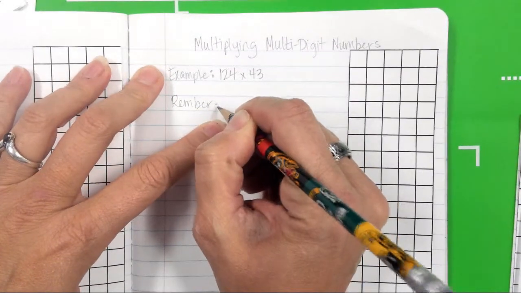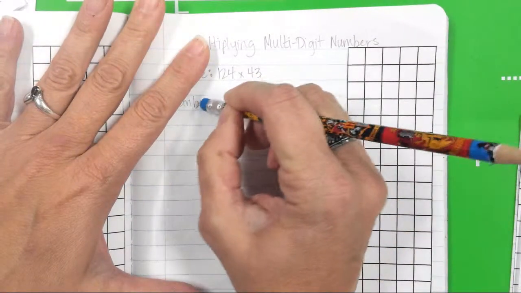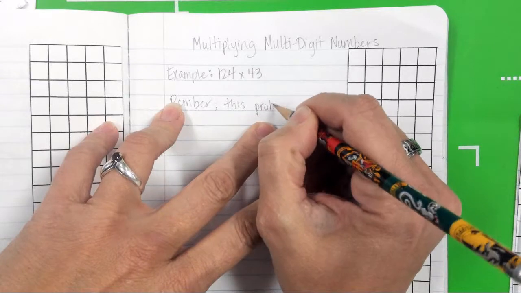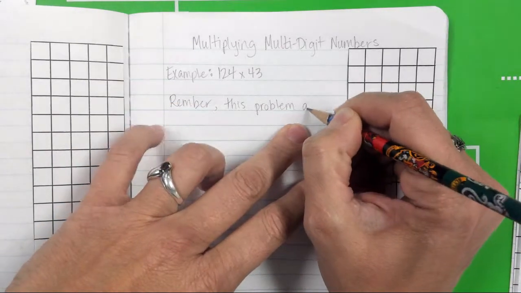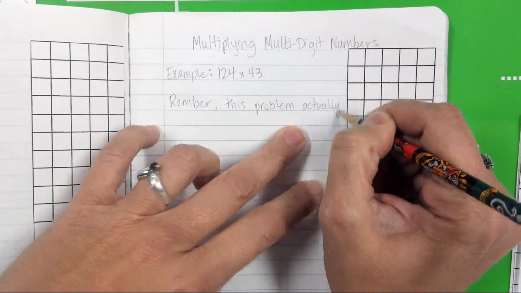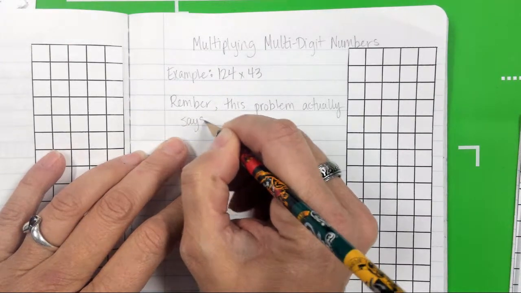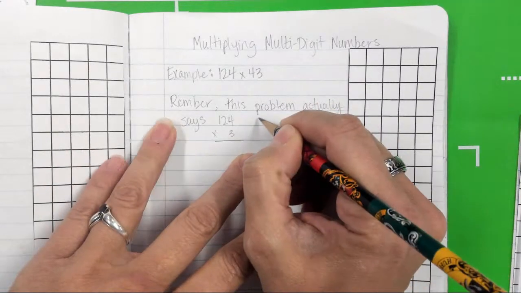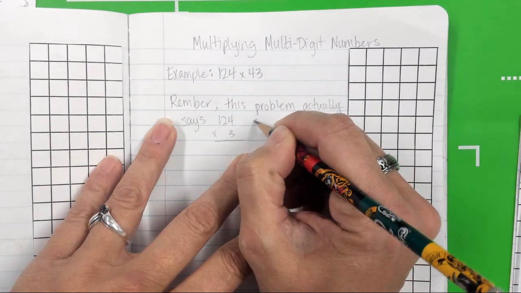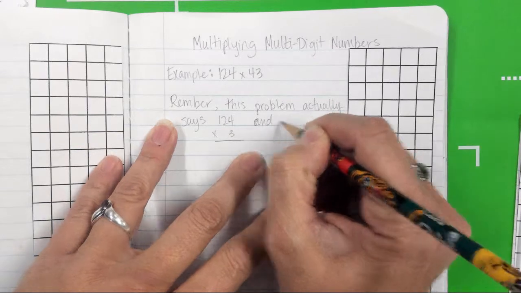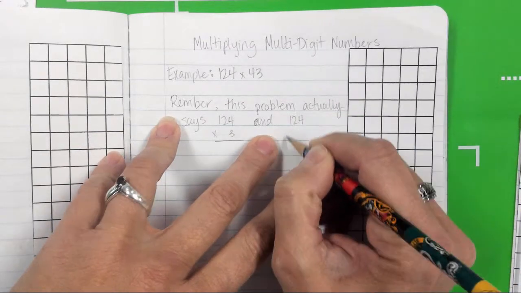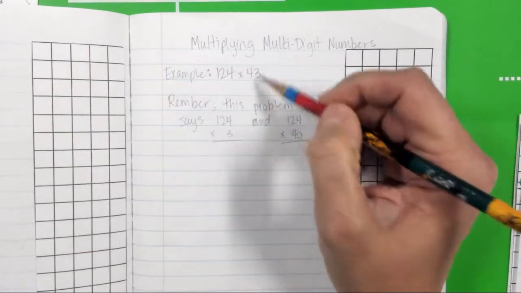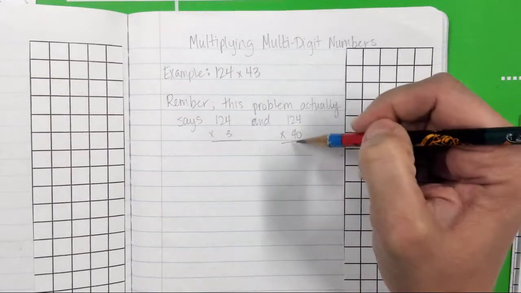Because if you remember this problem right here, you have to keep this in mind. This problem actually says 124 times 3 and 124 times 40. Because remember, the value of your places is what you're multiplying by.